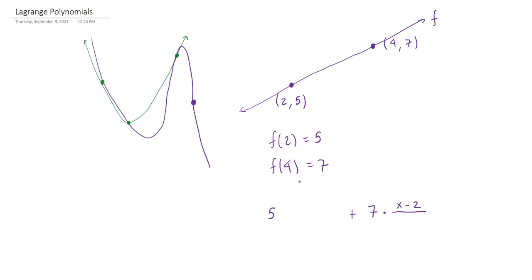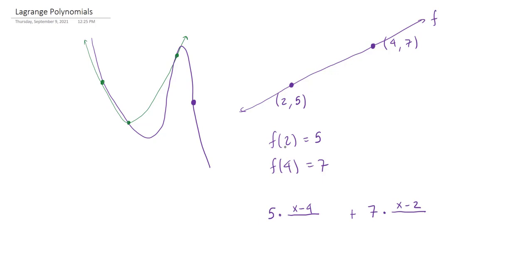Okay, but I also know that when x is equal to 4, I want to get 7, so I'm going to play the same game over here. I'm going to include a little fraction, and in the numerator, I'll write x minus 4. That way, when x is equal to 4, this numerator is 0, and so this whole summand is going to be 0.